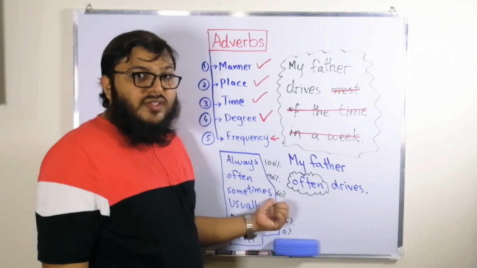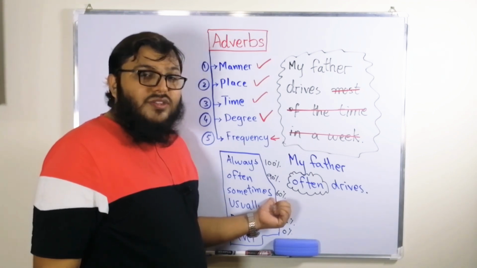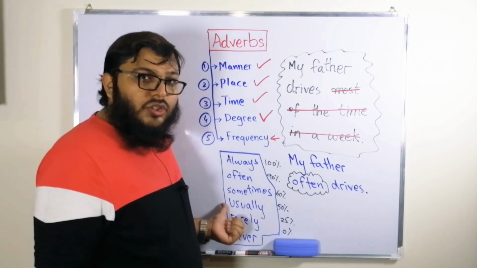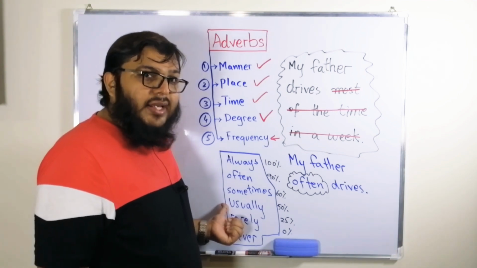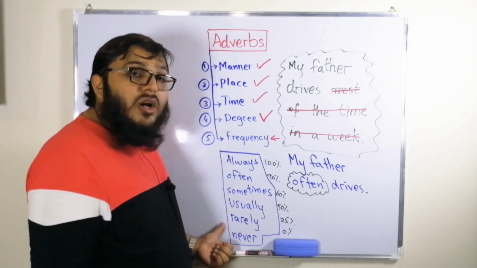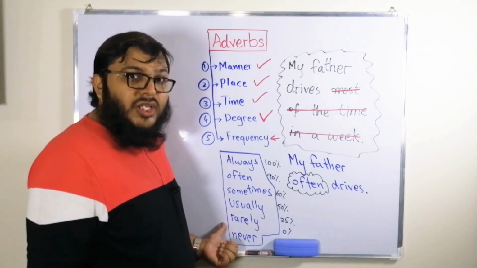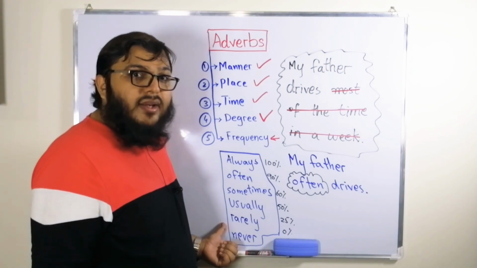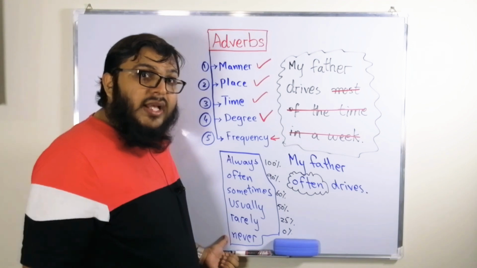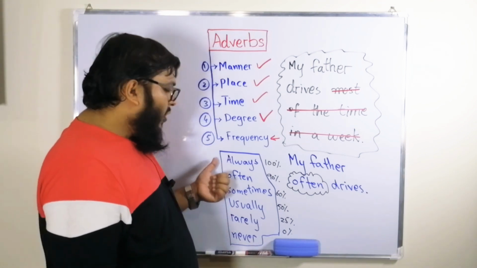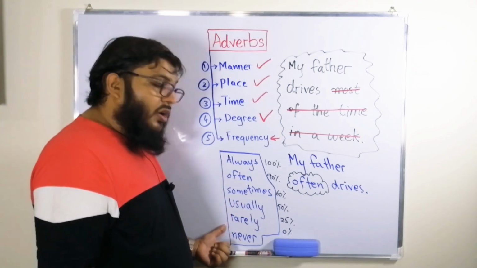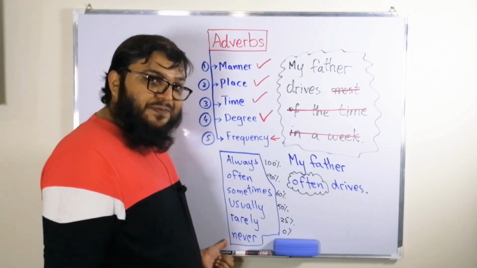Whenever you use this without S, it will be wrong. So you say sometimes, usually, the J sound is here. Usually, rarely. In American pronunciation, and in British, rarely. Never. Okay? Always, often, sometimes, usually, rarely, never.